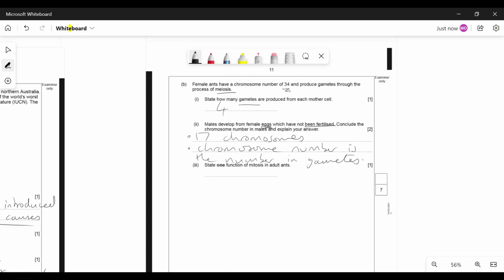Another way of phrasing that second point, the gamete, or the egg, has half the number of chromosomes of the parent cell.